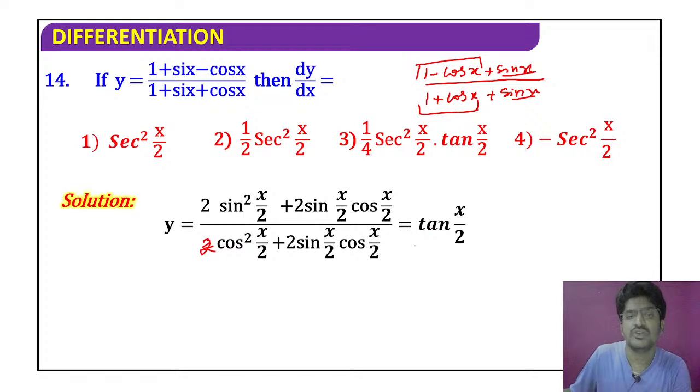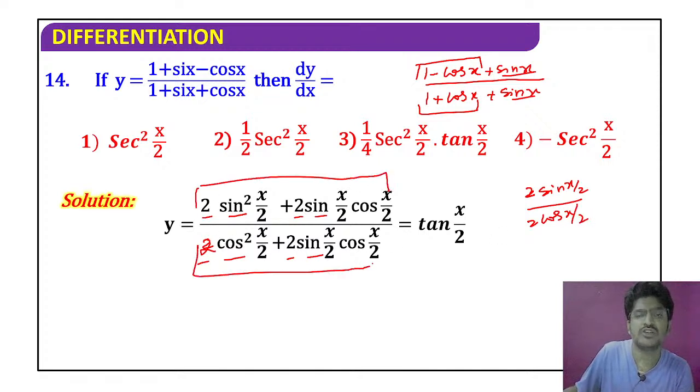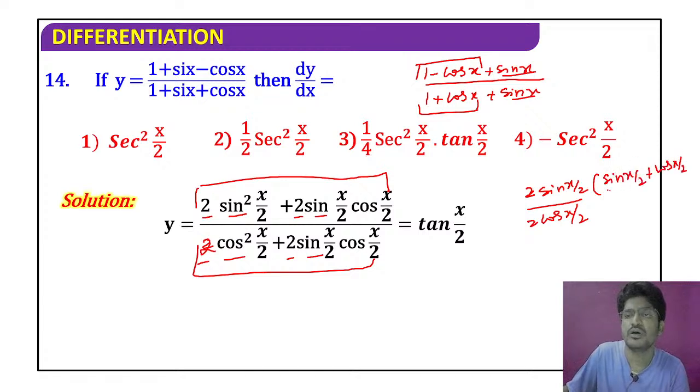Okay. So therefore, from this you can see 2 and 2 are common. Take 2 times sin x by 2 common from the numerator, and 2 times cos x by 2 common from the denominator. What remains? In the numerator, sin x by 2 remains plus cos x by 2.